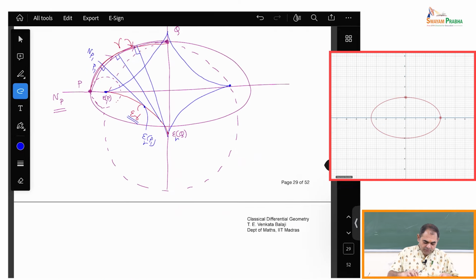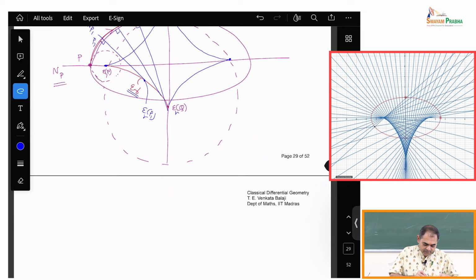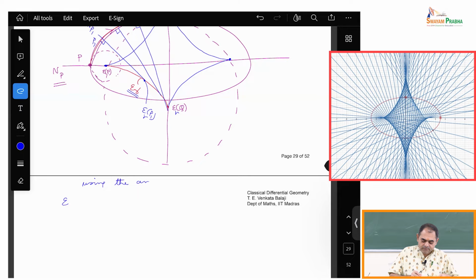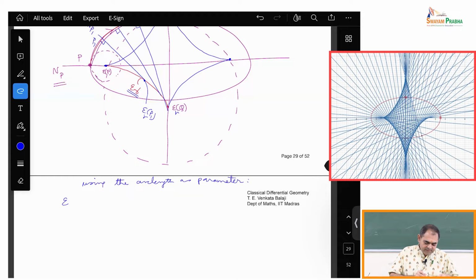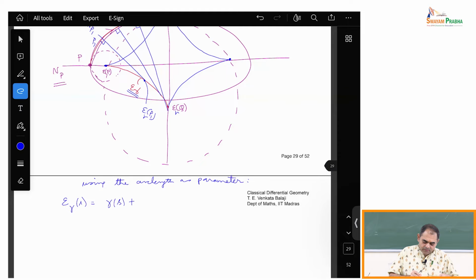So what we can do is write, using the arc length as parameter, epsilon gamma of s will be gamma of s plus 1 by kappa signed of gamma of s times n sub gamma of s, n cap of s, okay.